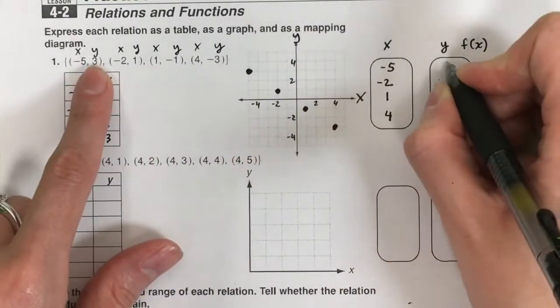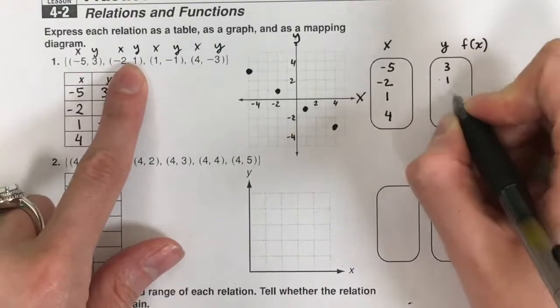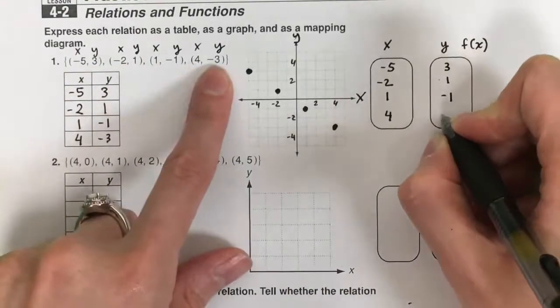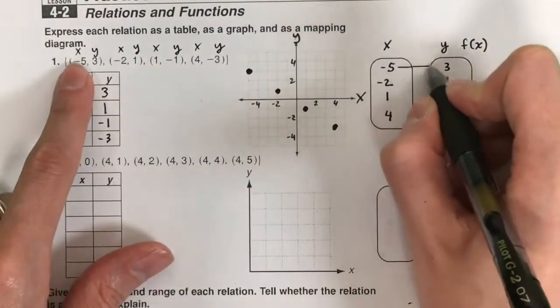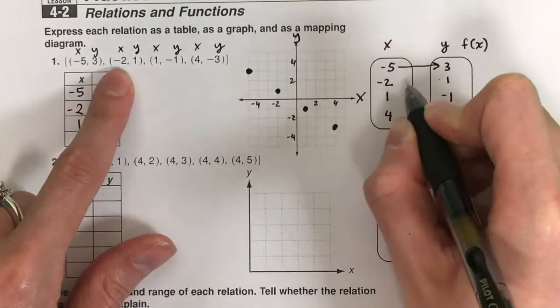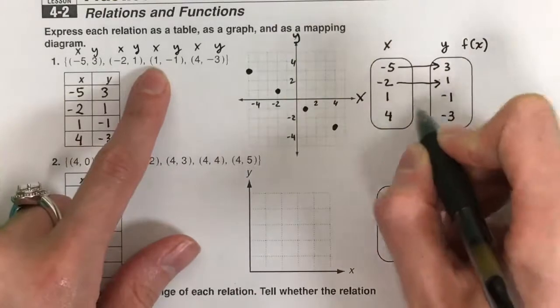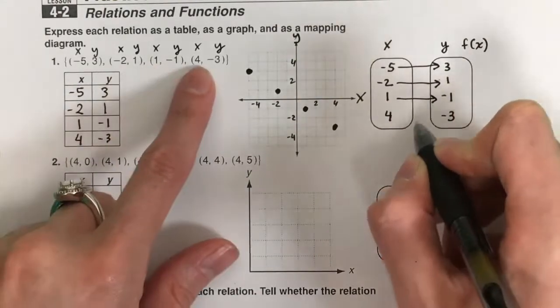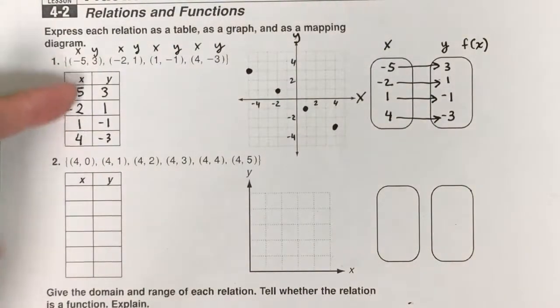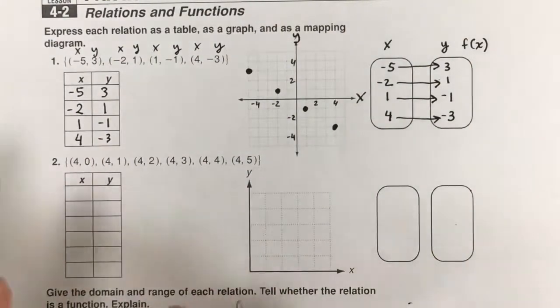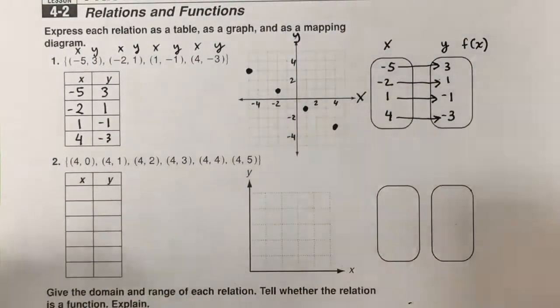And then for the y's, 3, 1, -1, -3. Okay, so -5 is with 3, -2 is with 1, 1 is with -1, and 4 is with -3. So that's how you make that. Okay, now you can put these in order from smallest to biggest, but I didn't do that, so it's okay.